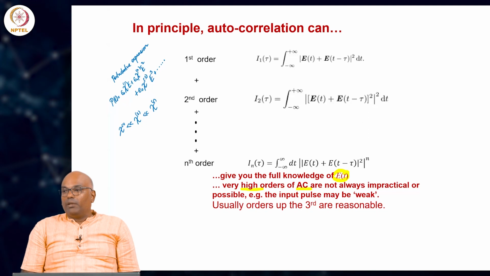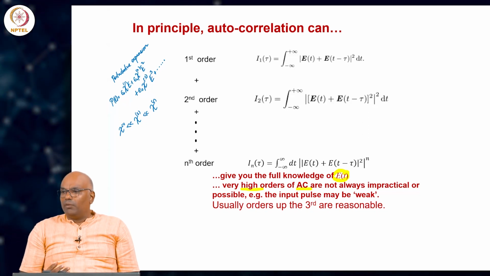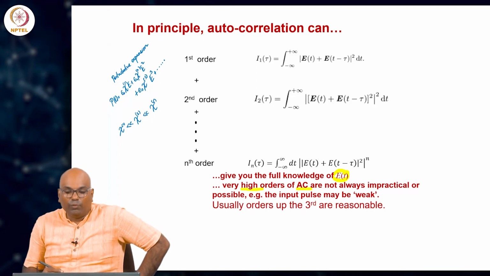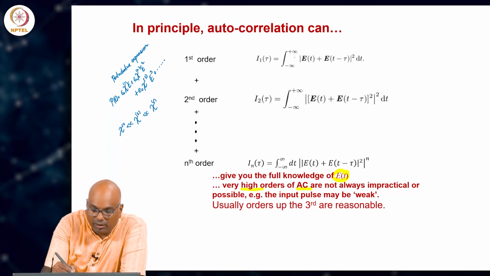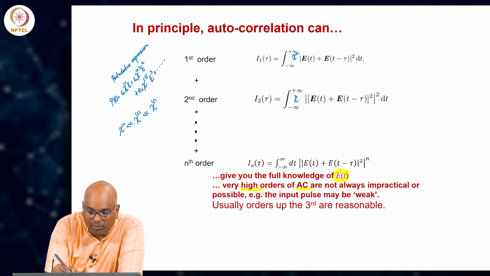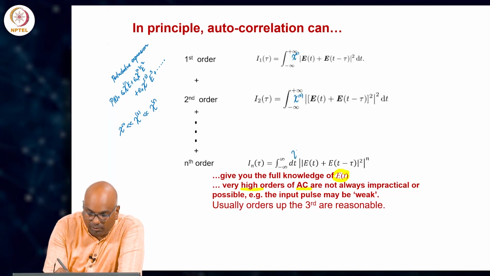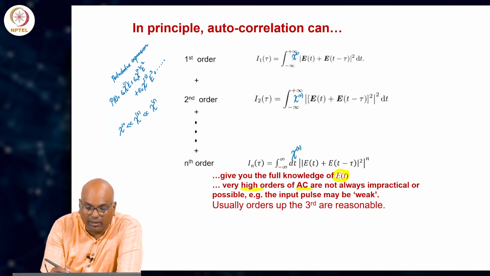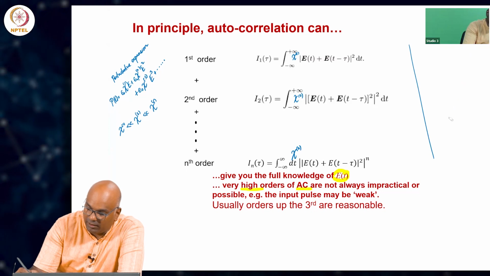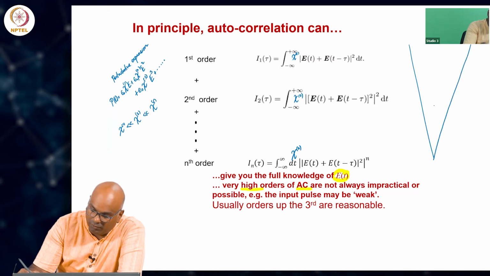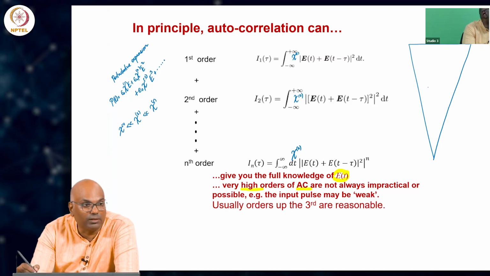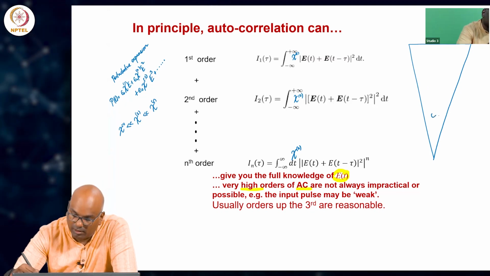Because it is perturbative, every successive chi for any medium in this perturbative regime turns out to be weaker, but here the interposing chi is chi 1, here the interposing chi is chi 2, here the interposing chi is chi n. So, your signal is essentially getting weaker as the order of autocorrelation increases.